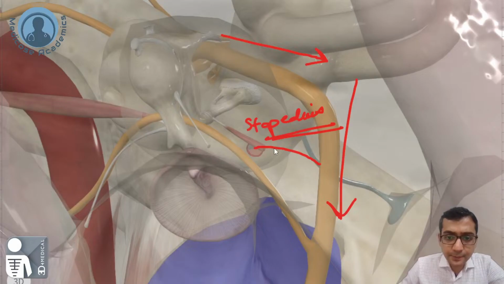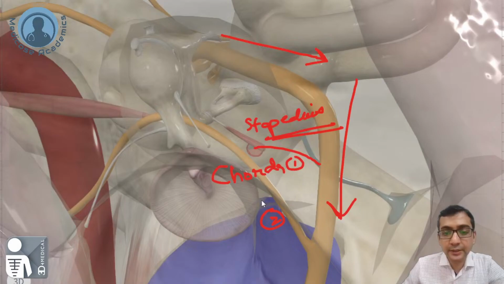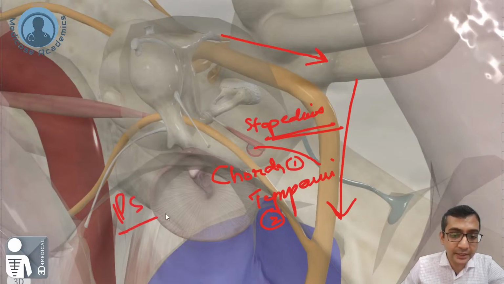So that's one branch. The other branch that is exiting in the ear is this one, that is called the chorda tympani, that we just saw in the previous slides. It is carrying the parasympathetic and it is carrying the taste fibers.